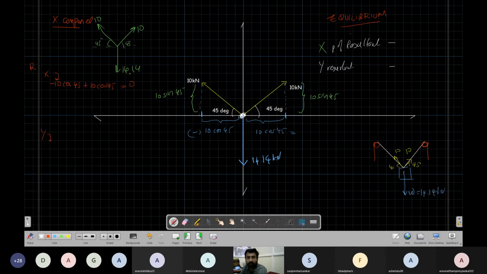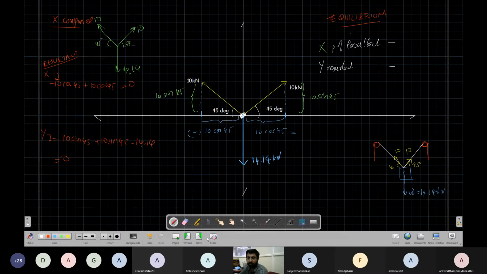So for the resultant of the y component, we have 10 sin 45, another 10 sin 45, then we have a minus 14.14. So this becomes 0. The x component and y component both are 0.